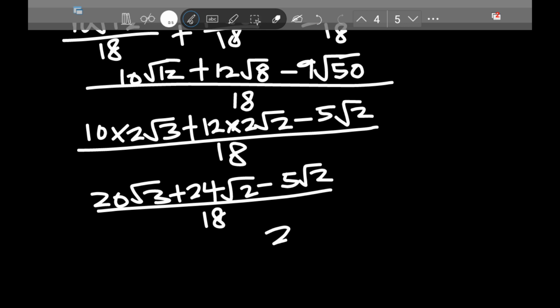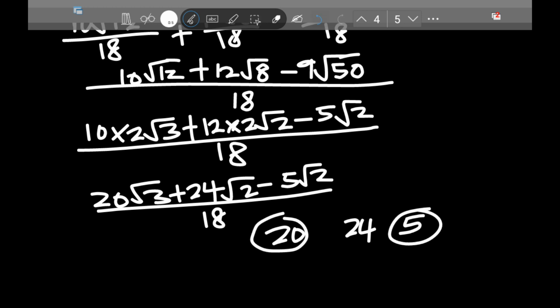Is there any number we can use to divide the three numbers? They have no number that we can use to divide all three. If we use 2, 2 can only divide 20 and 24. If we use 5, 5 can only divide 20 and 5.